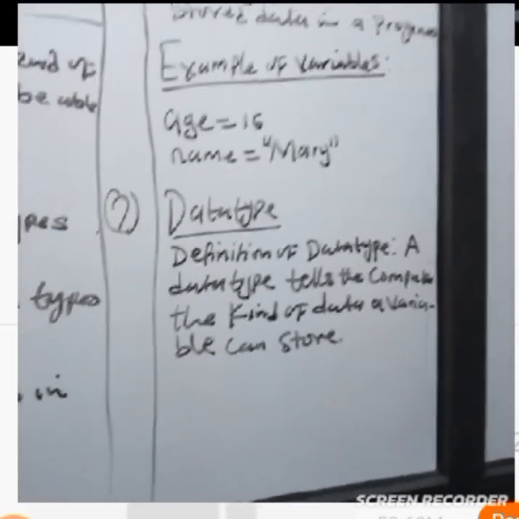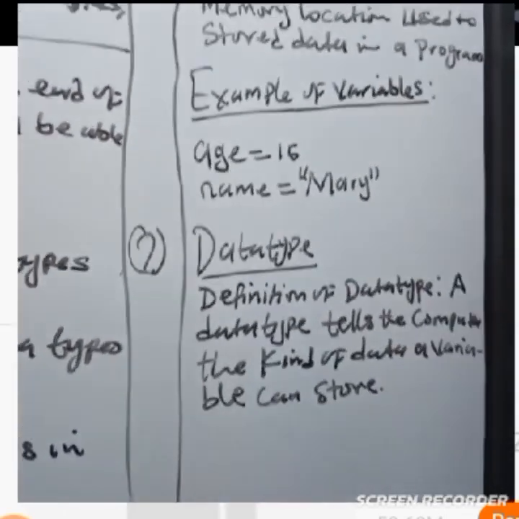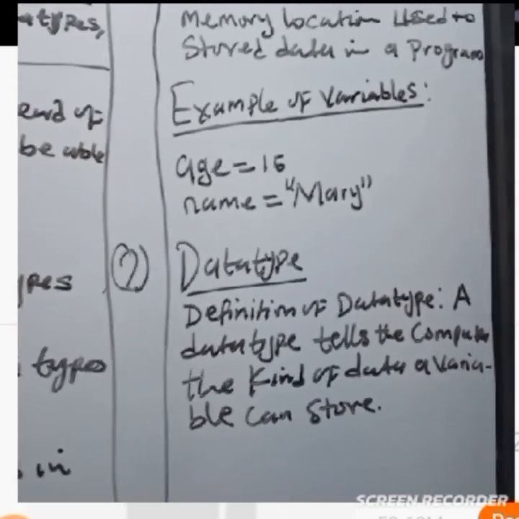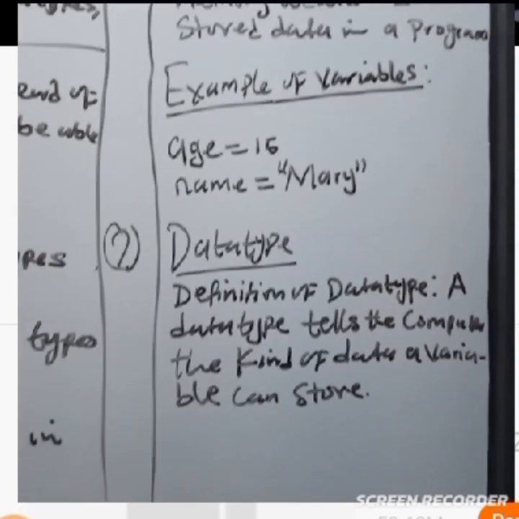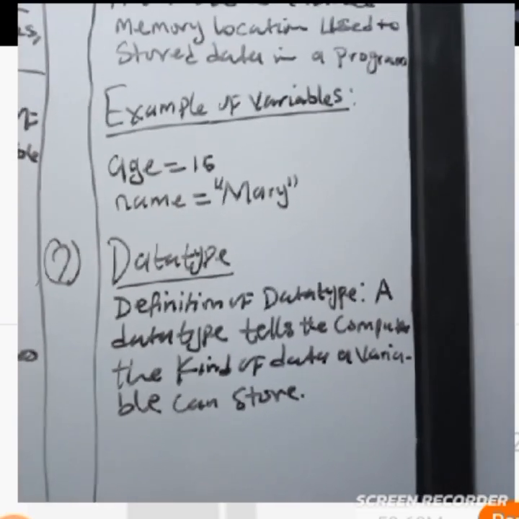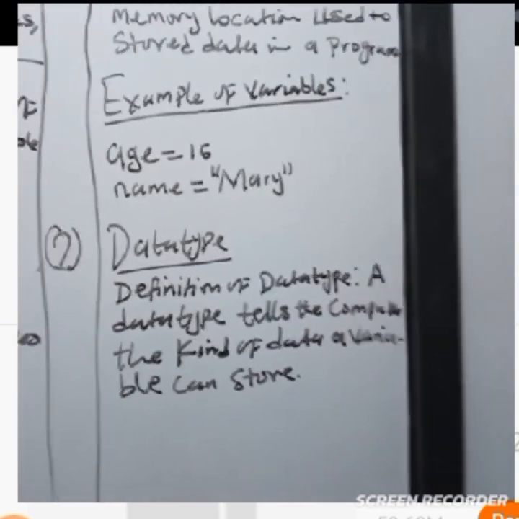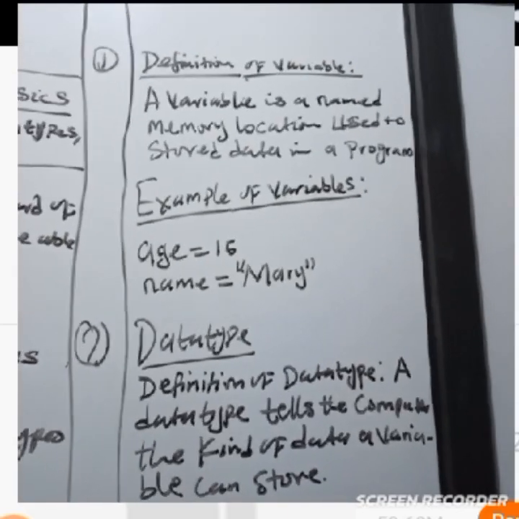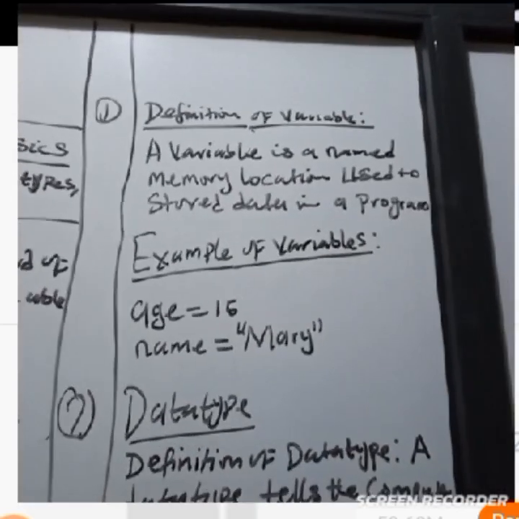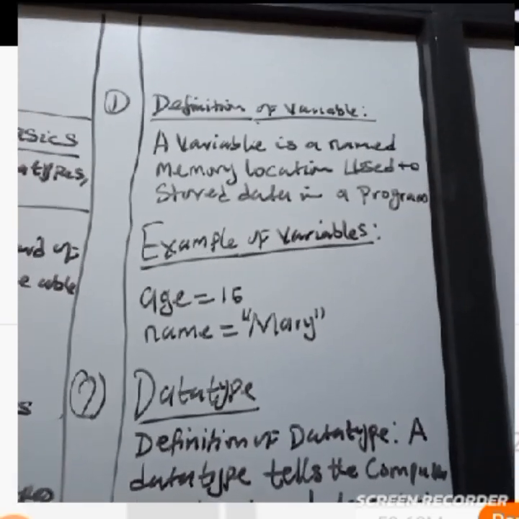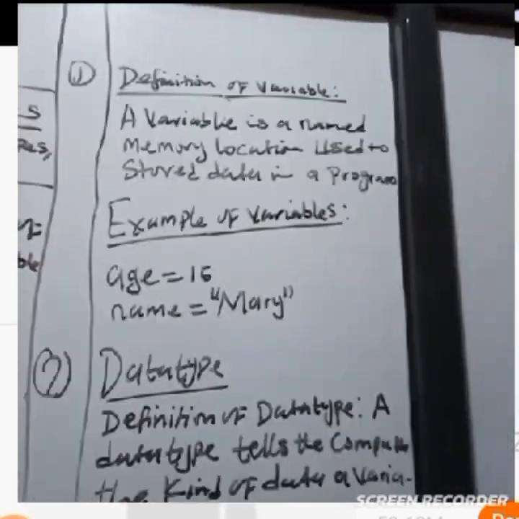Now, definition. A variable is a named memory location used to store data in a program. Again, I say a variable is a named memory location used to store data in a program.